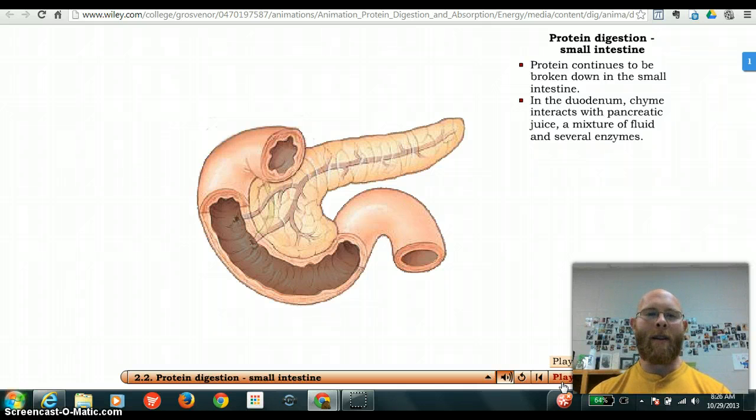This liquidy stuff, basically digested food, is called chyme, spelled C-H-Y-M-E. Right there is about the point when the gallbladder, liver, and pancreas all start getting involved, because they have little ducts that dump their necessary secretions and juices into that area so they can start mixing and then travel along the digestive tract and do their job.